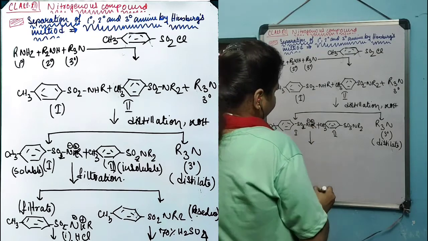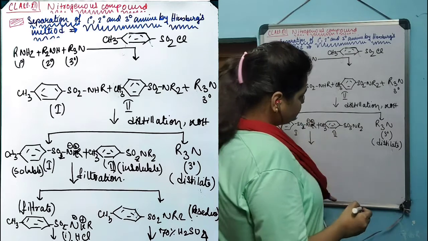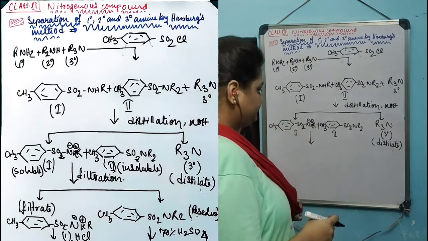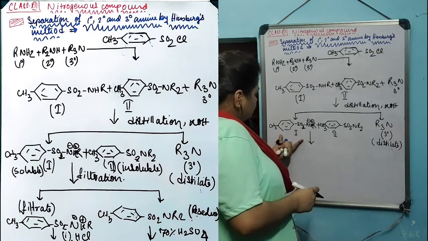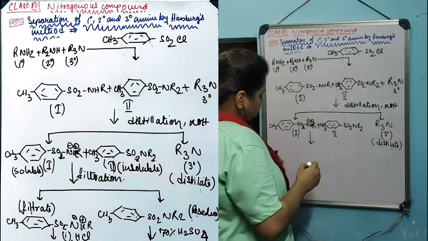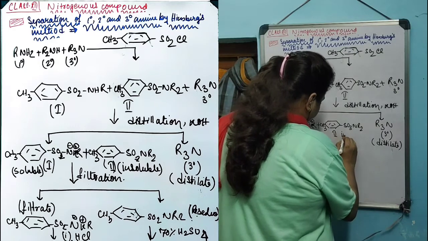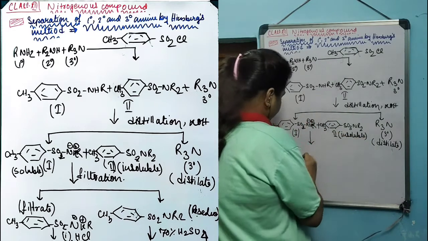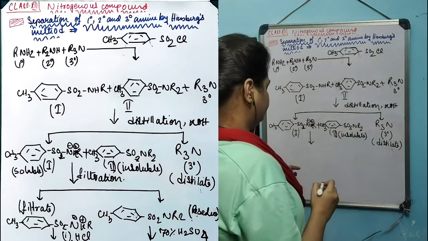In the solution, that is after KOH distillation, the basic solution that we will get will comprise a soluble compound, which will comprise the RNH2 1-degree amine compound, and an insoluble second compound, which will comprise the 2-degree amine.